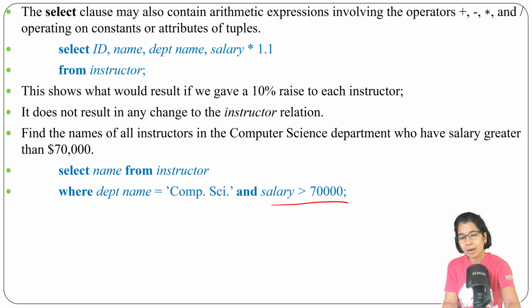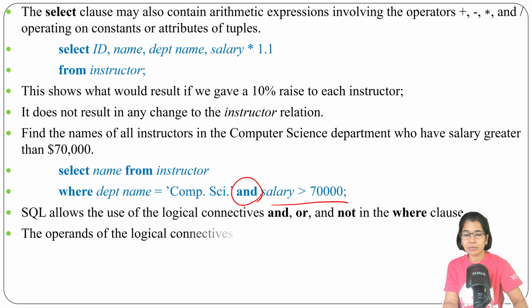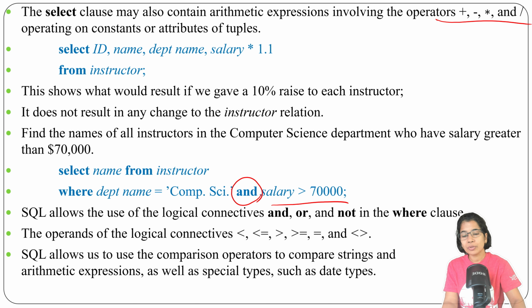We can write and, or, not in the where clause, and we can write less than, greater than, equals to, less than equals to, all the comparisons in the where clause. SQL allows us to use comparison operators for comparing strings and arithmetic expressions as well as special types such as date type. So select attributes from table name where conditions. This is the format for select.